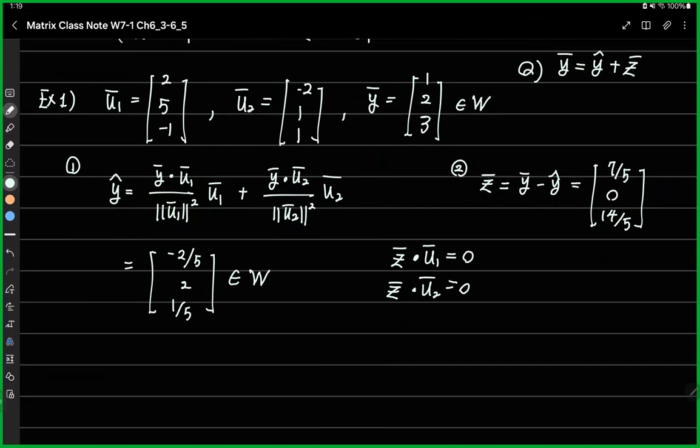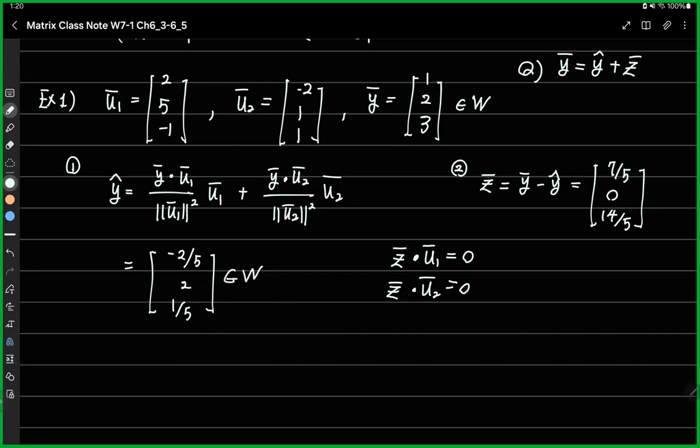Doing that, it turns out that the coefficients are negative 2/5 and 1/5. Since U1 and U2 are orthogonal bases of W, which I didn't mention in the problem statement, it's obvious that Y hat is in W.